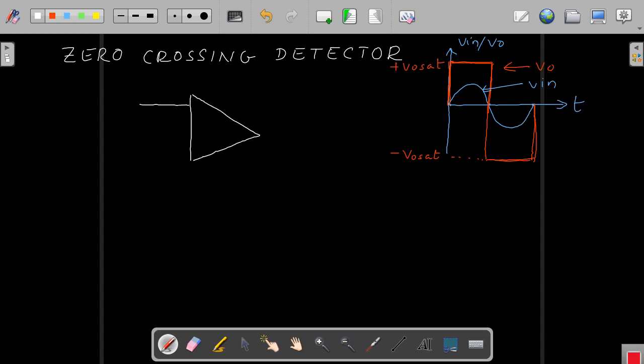I am giving the input to my non-inverting terminal, and the inverting terminal straight away I will ground it. So this is my plus VCC and this is my minus VEE and this is my V0. That's all. I don't use any feedback here, right? That is the reason why.